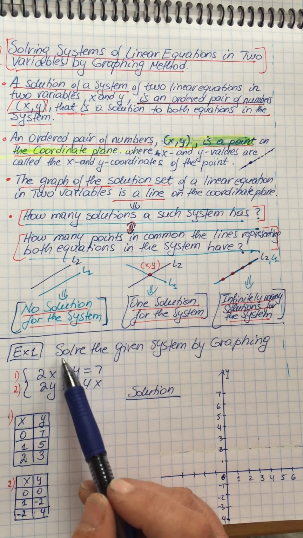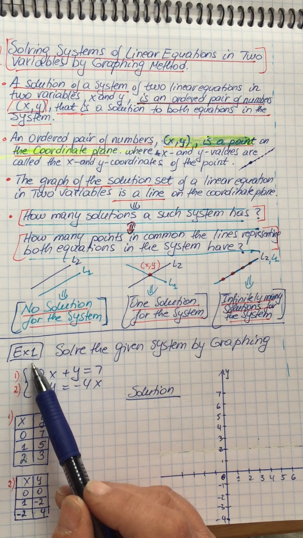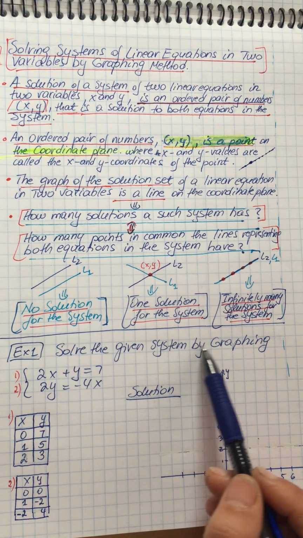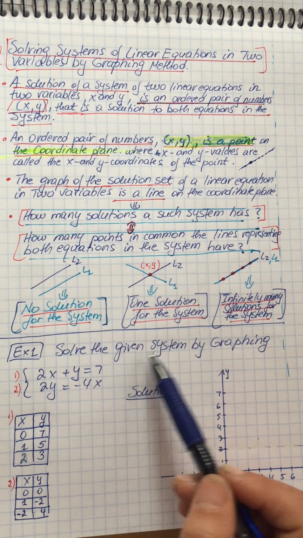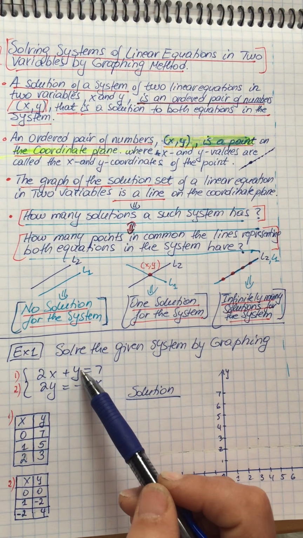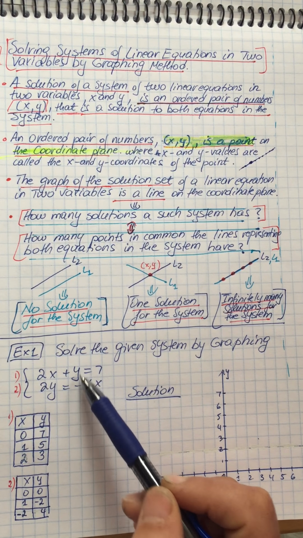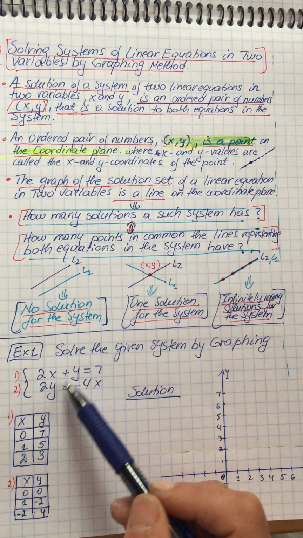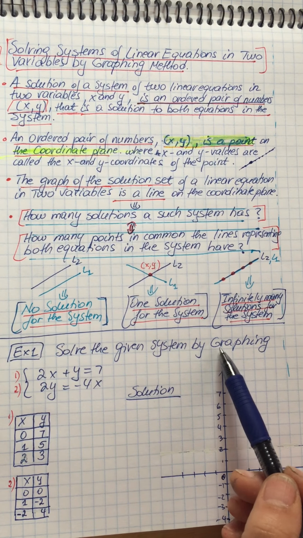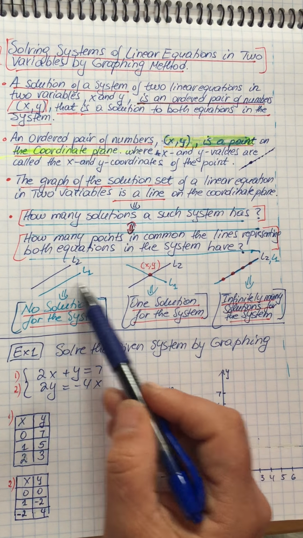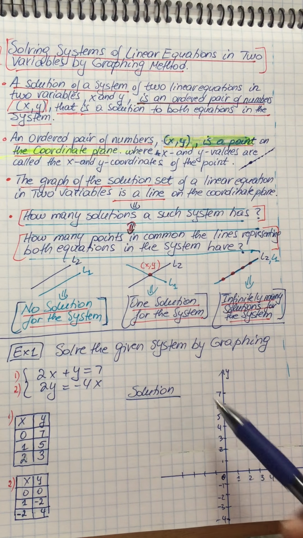Now, let's go and work on problem 1. Solve the given system by graphing. What this is telling us is that, since we have two equations in two variables in the system, we have to draw two lines and see which case it will be.